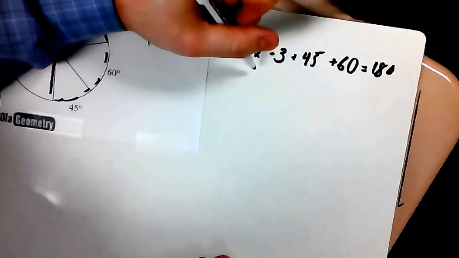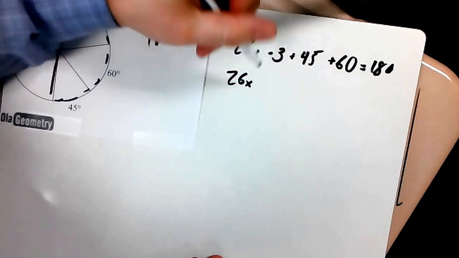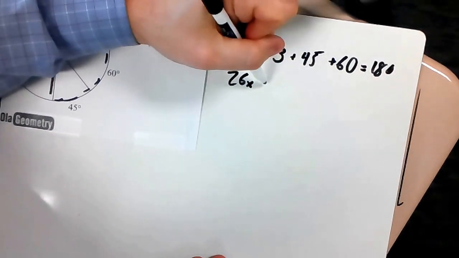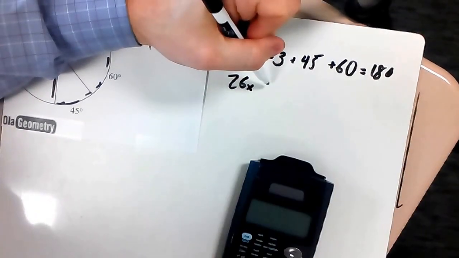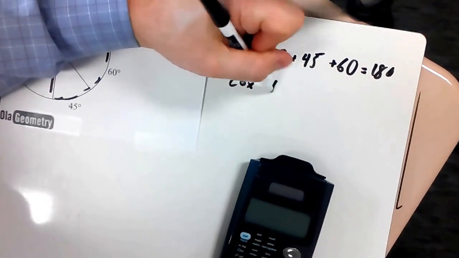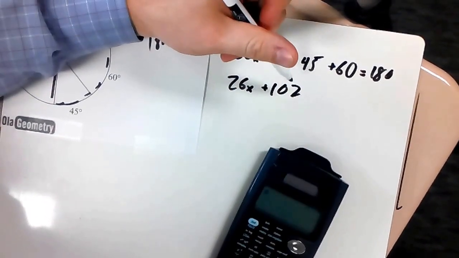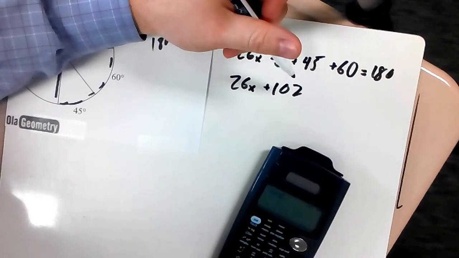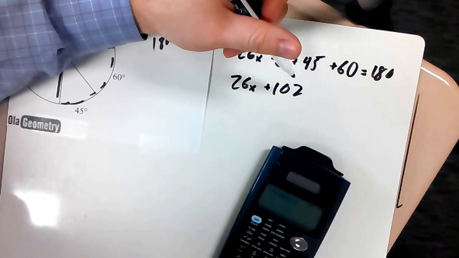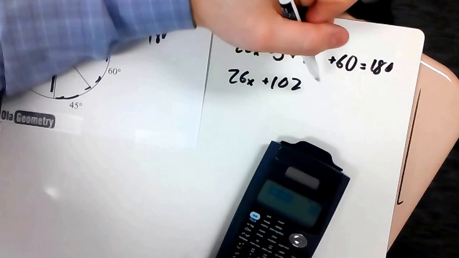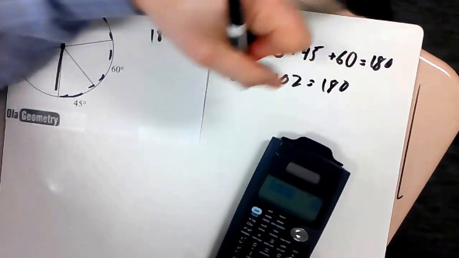Okay, now I'm going to put this all together. So 26x, this is going to be, let's take a look, plus 102, let me just double check that so I know what I'm doing. Negative 3 plus 45 plus 60, and that gives me 102 equals 180 degrees.